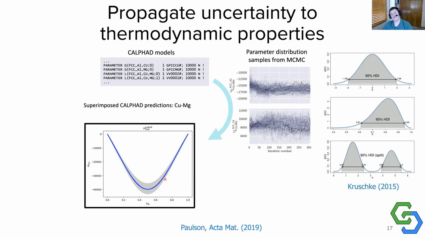So I think the take home here is, for this to be truly meaningful, you need to have very well defined uncertainties in your data, and therefore you need to weight things correctly. And that's a part of being able to have actual physical meaning in this highest density interval. So that's a really key part. And again, if you've spent a lot of time around CALPHAD and done CALPHAD modeling, you know that collecting the data and critically evaluating it is an extremely important part.